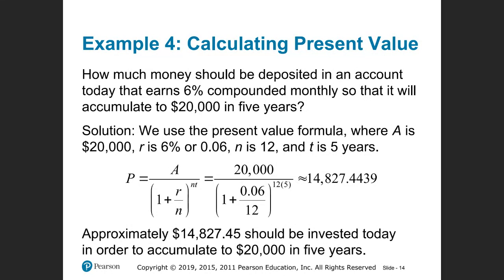So when you do all that, you're going to get a number for your denominator, which you will divide into the numerator, which is the 20,000, and that gives you $14,827.4439, which we know we have to round to $14,827.45. So this tells us that to reach $20,000 under the circumstances that we're given, we're going to have to invest $14,827.45 today.